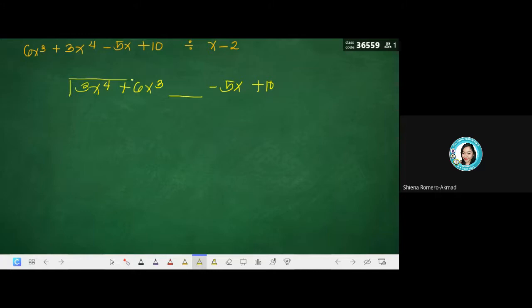Then we will divide this by x minus 2. Nakita niyo yung ginawa ko dito sa nawawalang term? I leave a space here, or pwede nyo rin siyang lagyan ng 0x squared. So, pwedeng mag-leave ng space, pwedeng maglagay ng 0x squared para mas maintindihan ninyo.